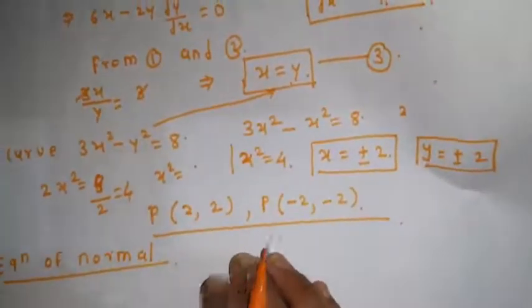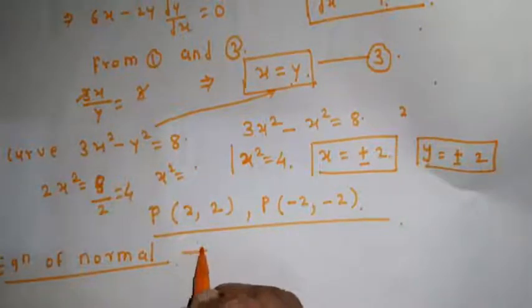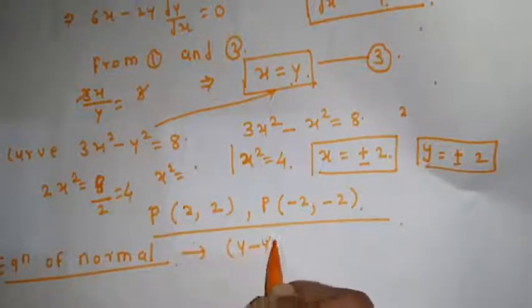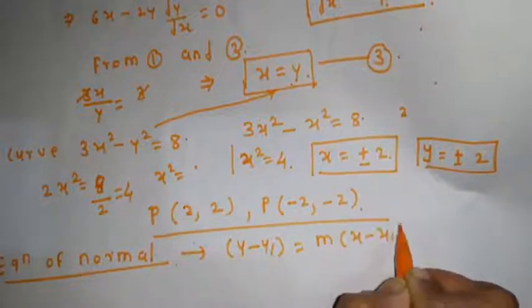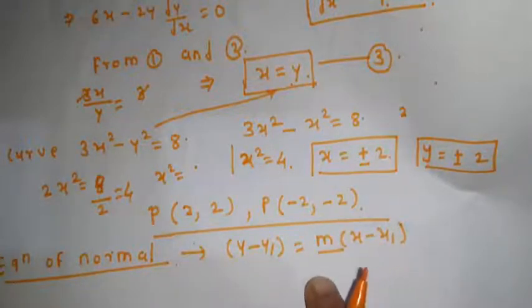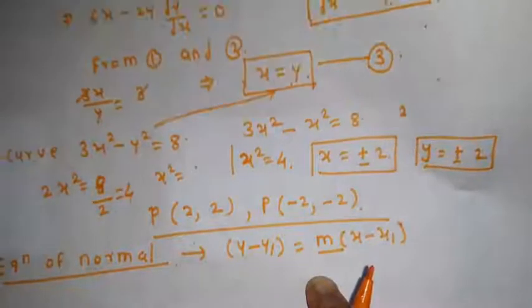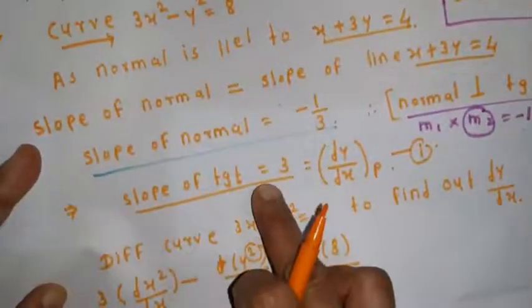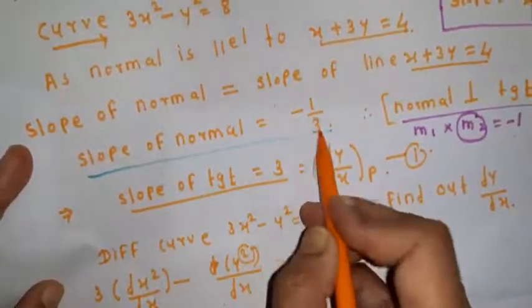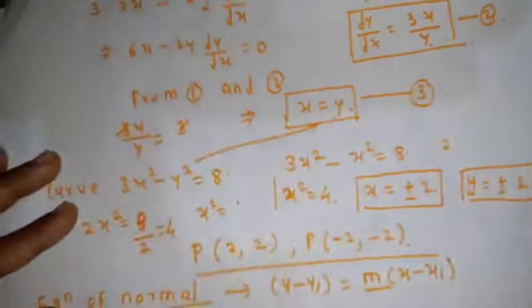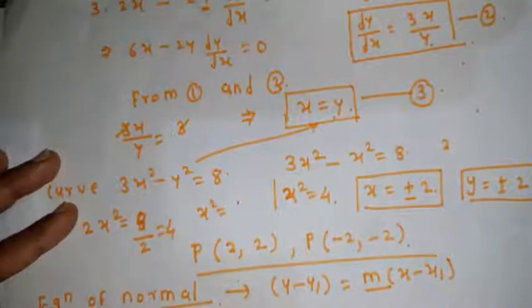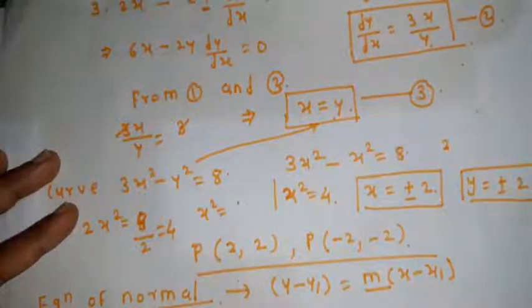Equation of normal by slope point form, that is y minus y1 equal to m into x minus x1, where m is the slope of normal. So here the slope of normal is minus 1 upon 3. Okay, and therefore equation of normal is y minus 2 equal to minus 1 upon 3 into x minus 2.